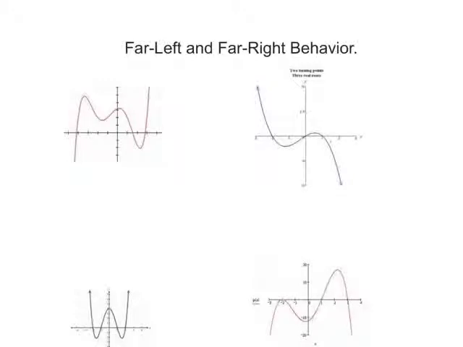Now let's talk about the different conditions that tell us which one of these four situations we might actually see. We'll start with the one that goes down to the left and up to the right. The first thing to look at is what tells you whether the two ends both go the same direction or opposite directions, like they do here.